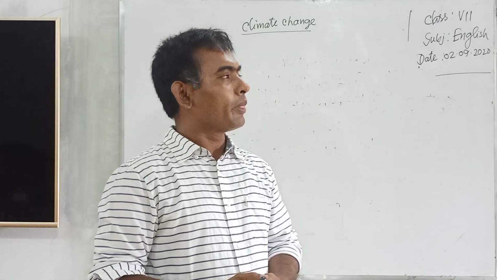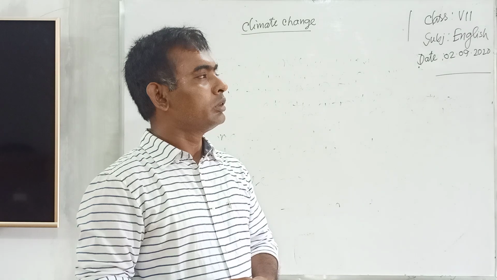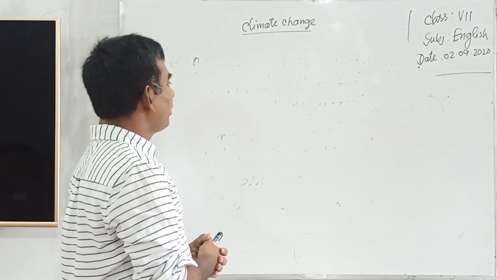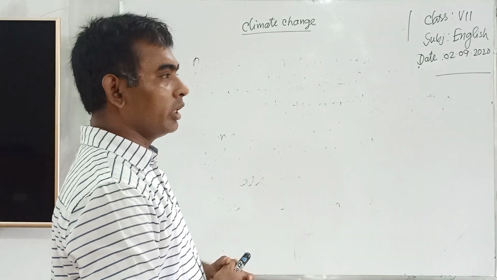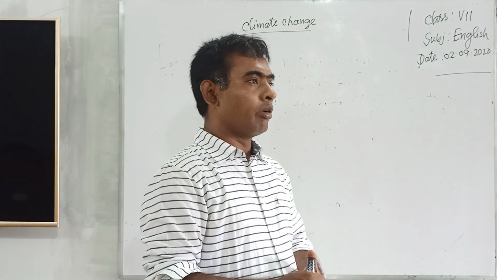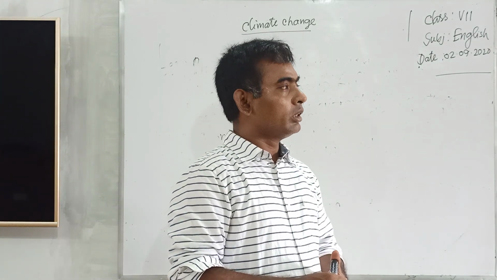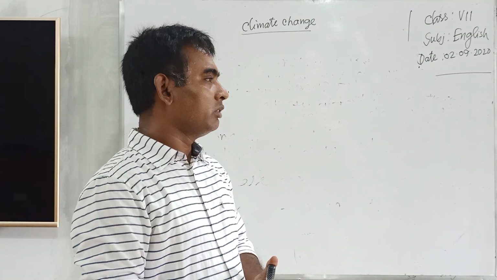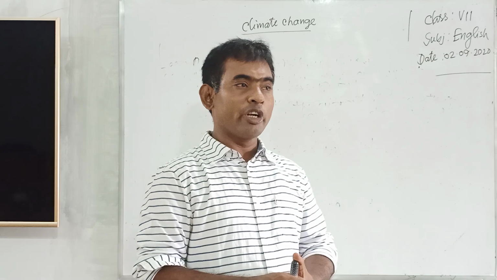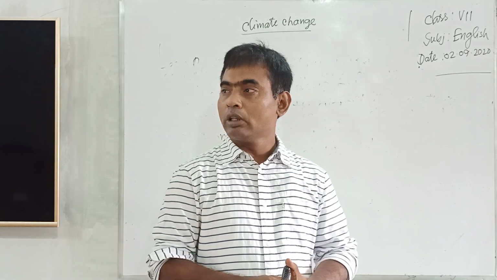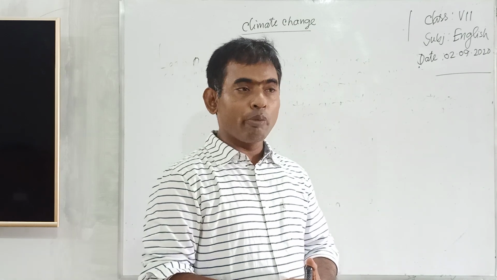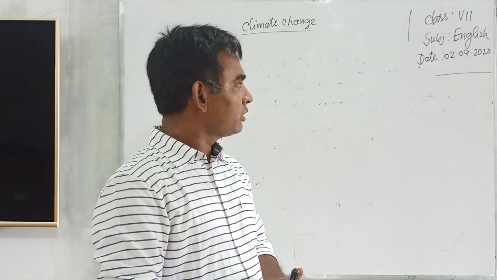We can also use solar energy instead of fossil fuels, and we have to think of alternative ways that will help us to reduce global warming, and we human beings are responsible for that.